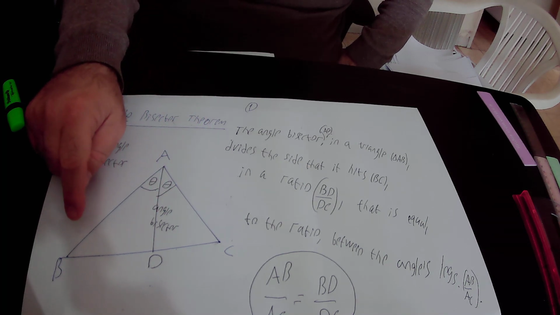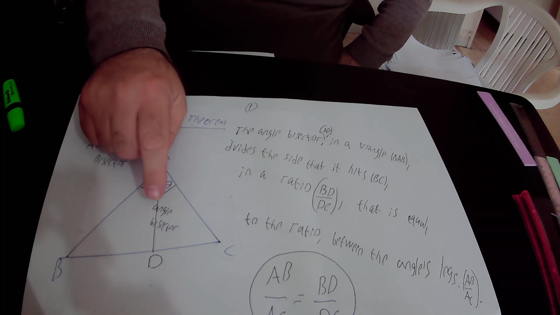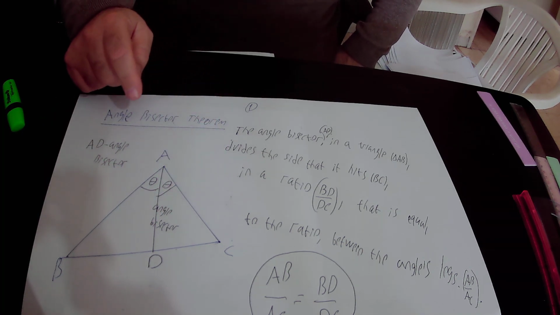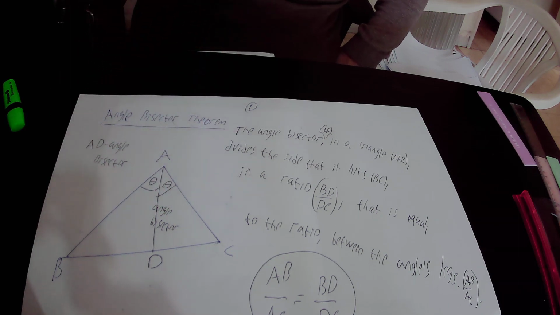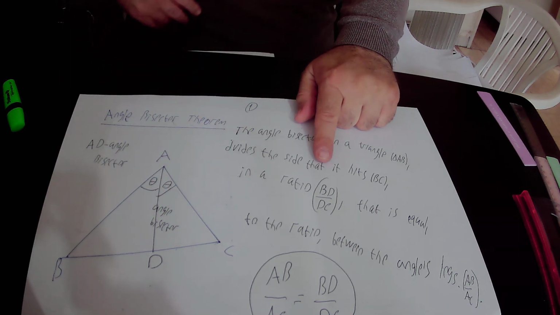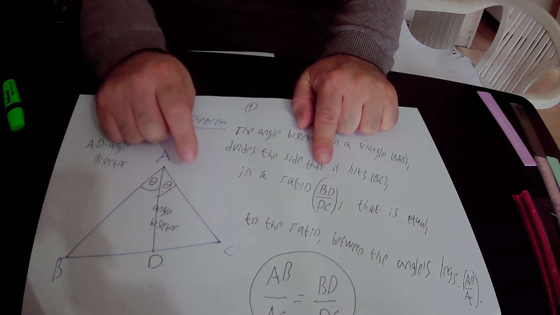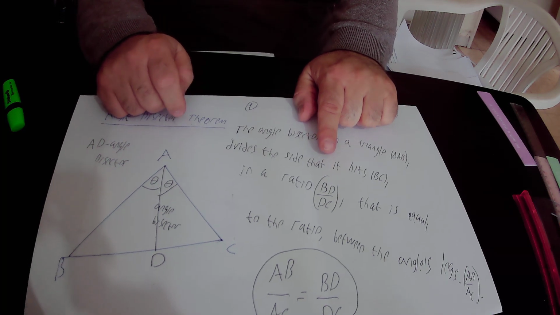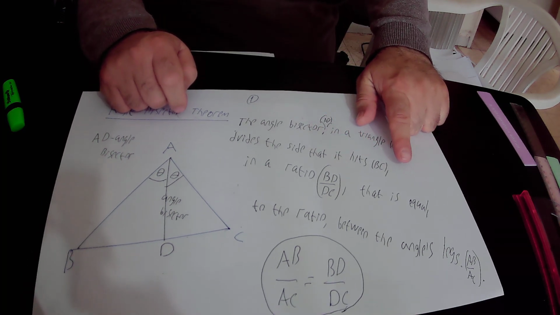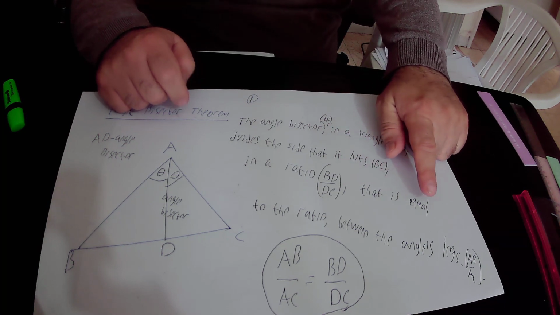The first part is BD. The second part is DC, and the ratio between those two parts is BD over DC. That ratio is equal to the ratio between the angle's legs.